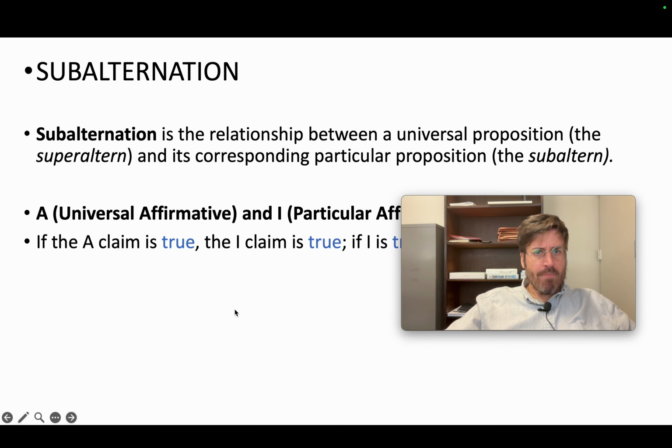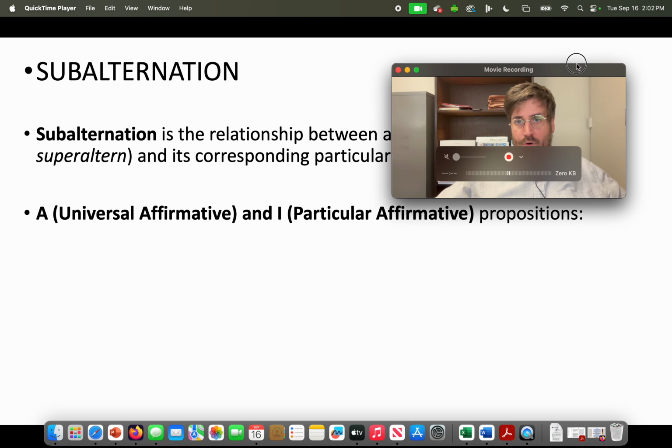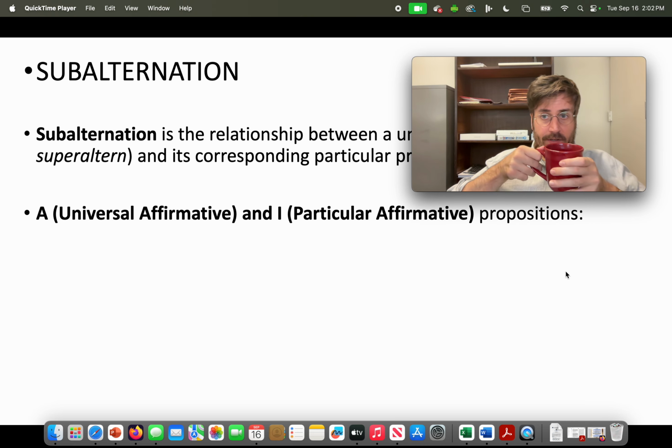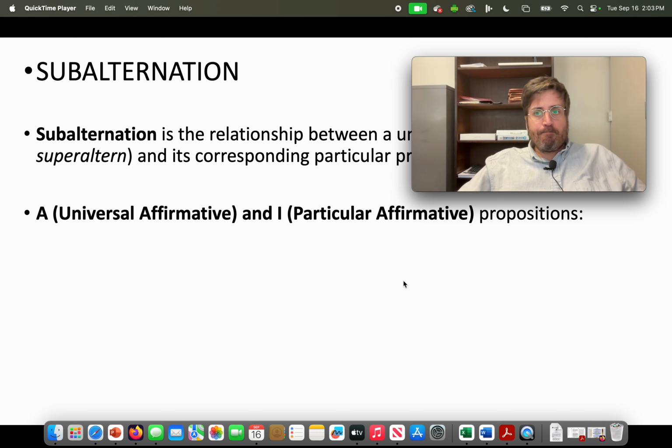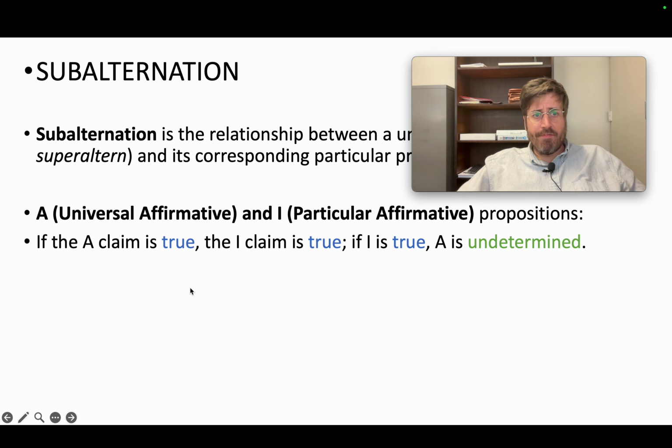All right? So let's break down a little bit further how this works in terms of the logic. If we have A, universal affirmative, and I, particular affirmative propositions, these are subalterns. If the A claim is true, then the I claim is true. If the I claim is true, the A claim is undetermined.